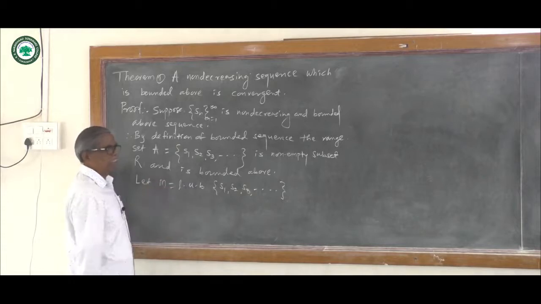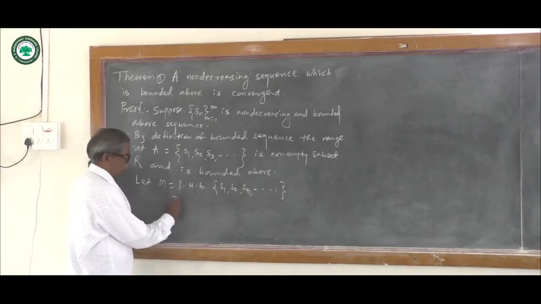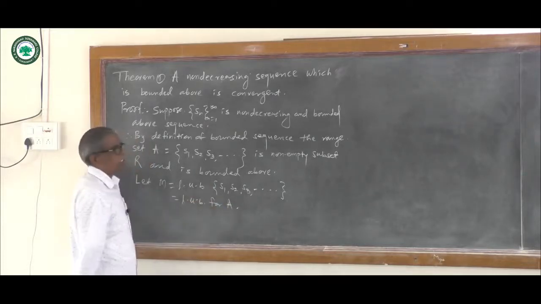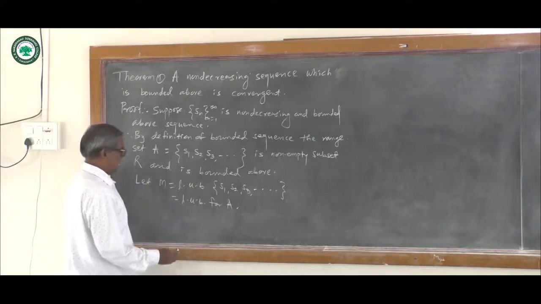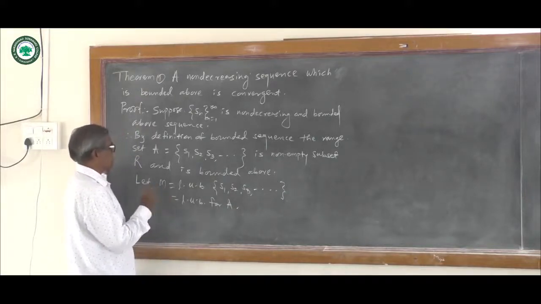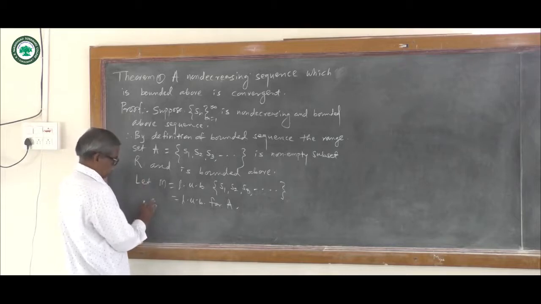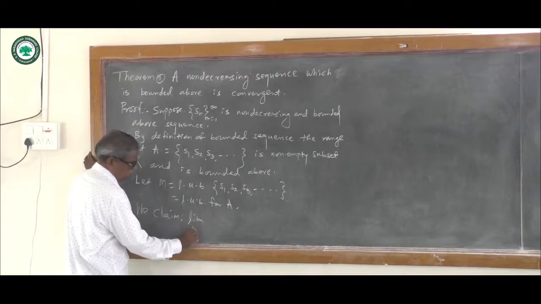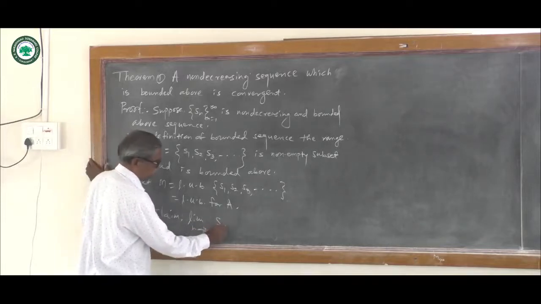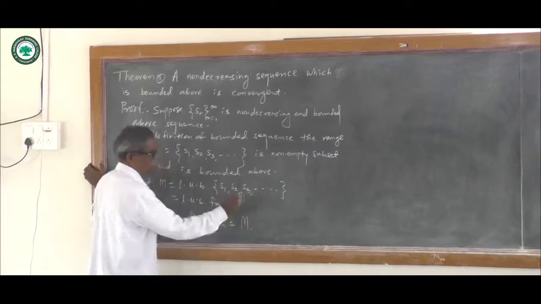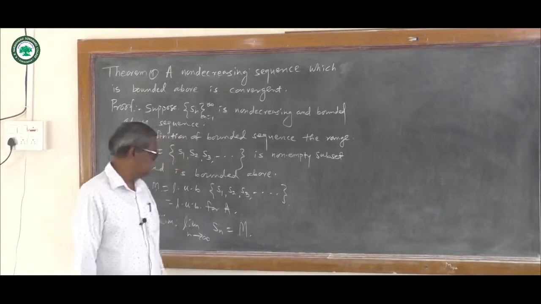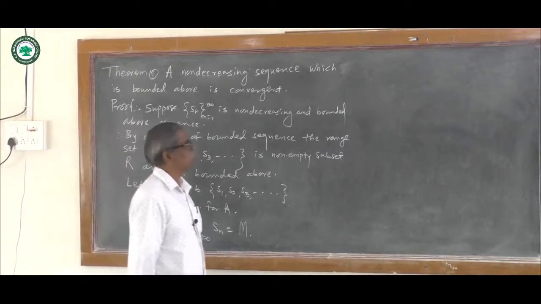Therefore capital M is the least upper bound of the set A. We claim limit n tends to infinity of Sn is equal to capital M. We have to show that.